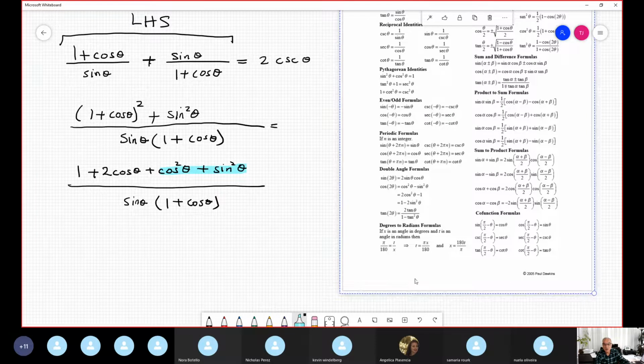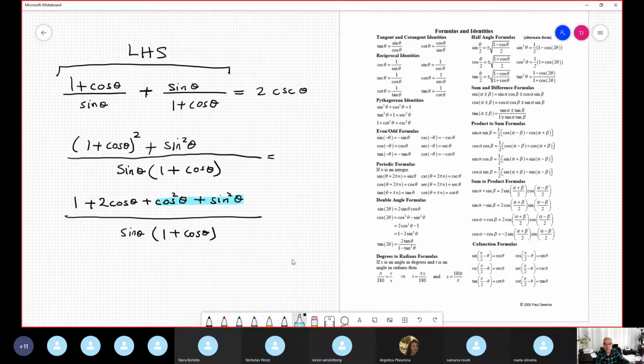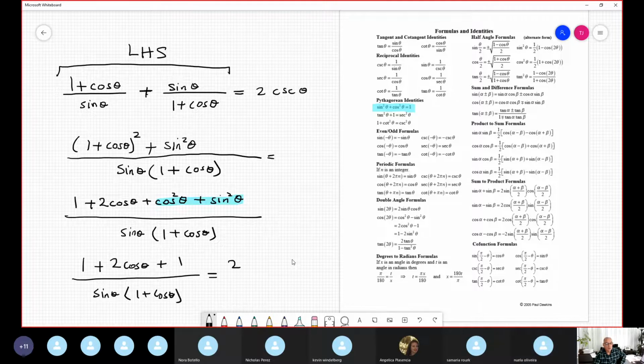The famous trigonometry identity you're using every day. Look. So this is 1. So you replace it: 1 plus 2 cosine theta plus 1. You see that or no? Yes. Okay, and 1 plus 1 is 2, no?